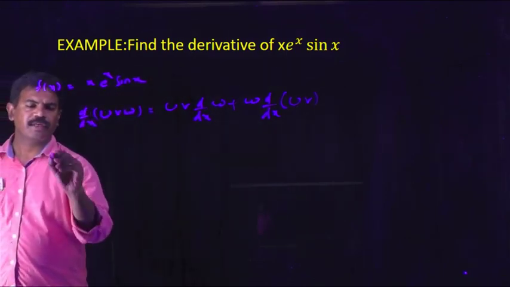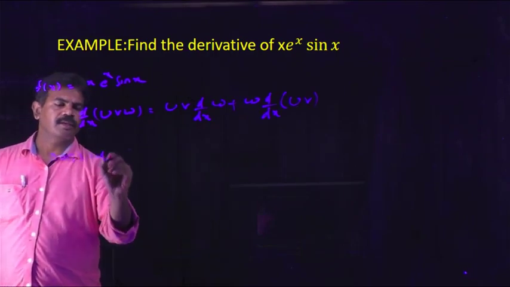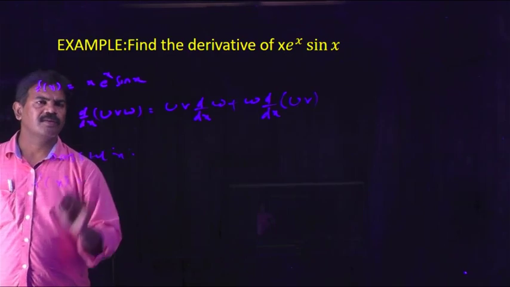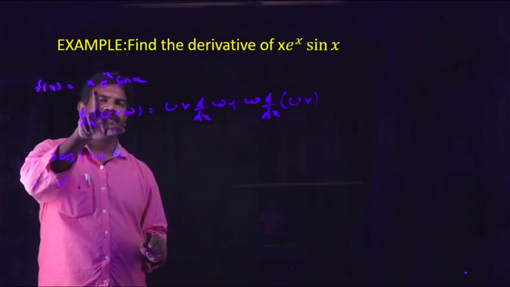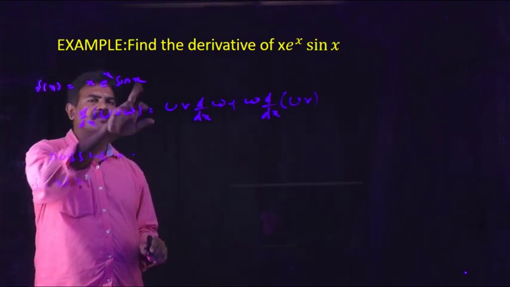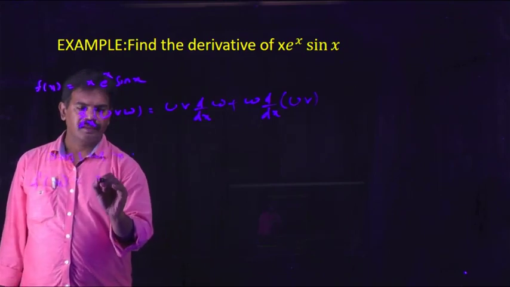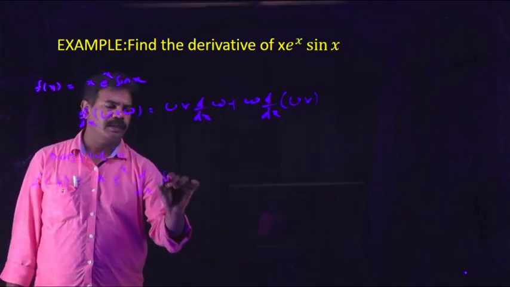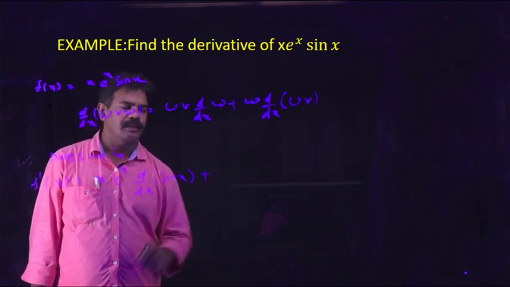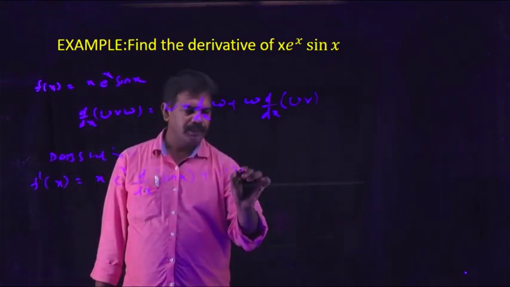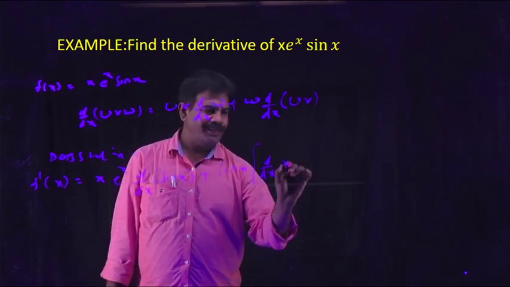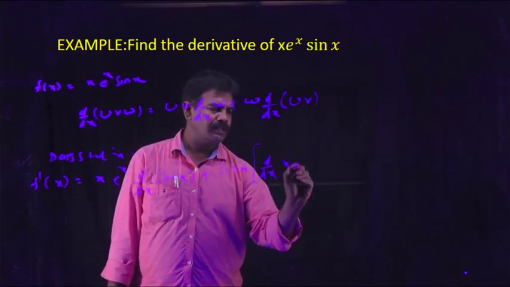Differentiating on both sides with respect to x, f'(x) is equal to, here u is equal to x, v is equal to e power x, and w is equal to sin x. x into e power x into d by dx of sin x plus sin x into d by dx of x into e power x.